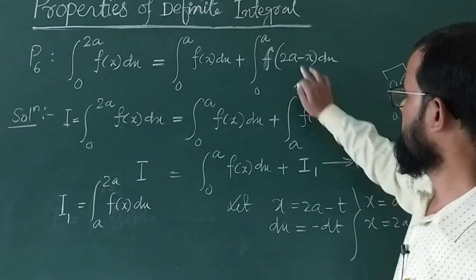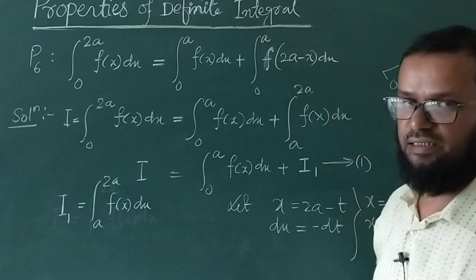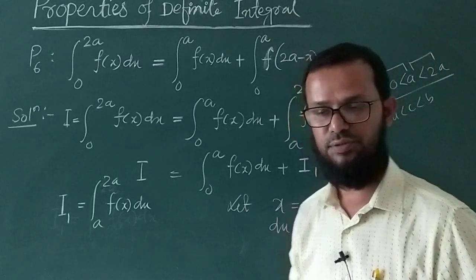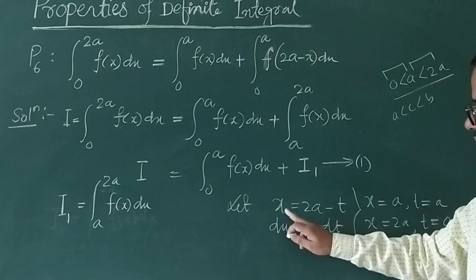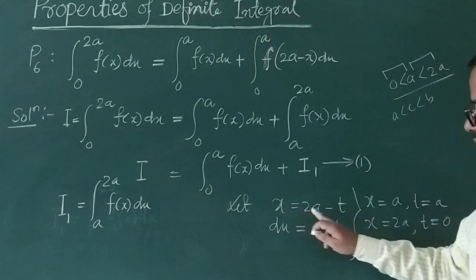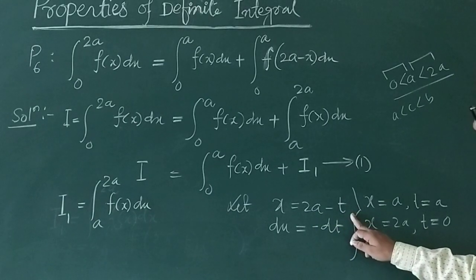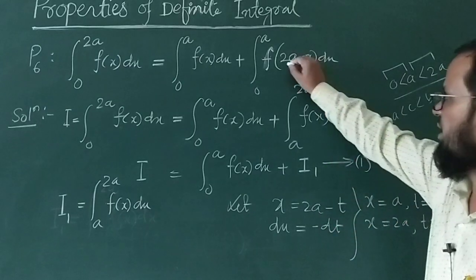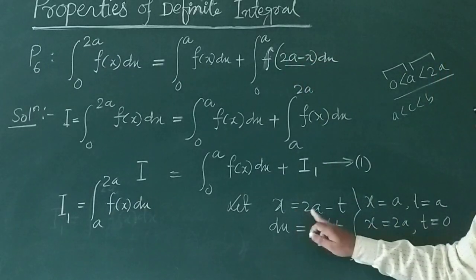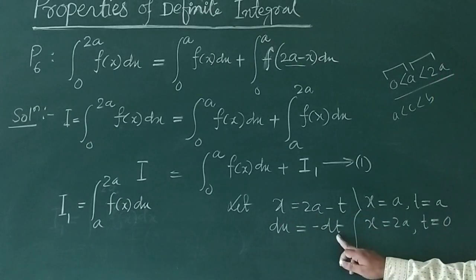So, here x is replaced by 2a minus x. Since x is replaced by 2a minus x, we will use the substitution method. In substitution, we suppose that x is equal to 2a minus t, such that 2a minus x type of expression comes. So, x is equal to 2a minus t, and if you differentiate, dx is equal to minus dt.